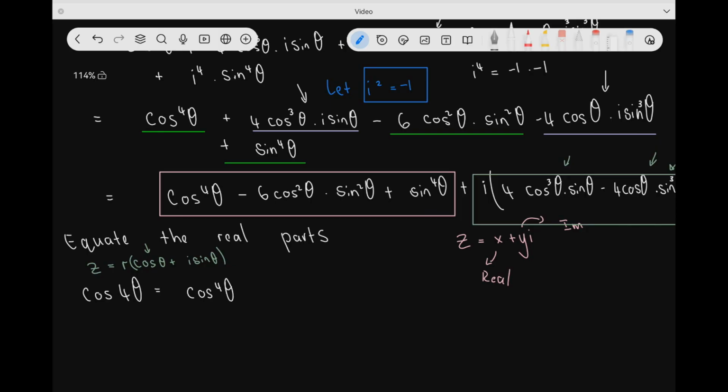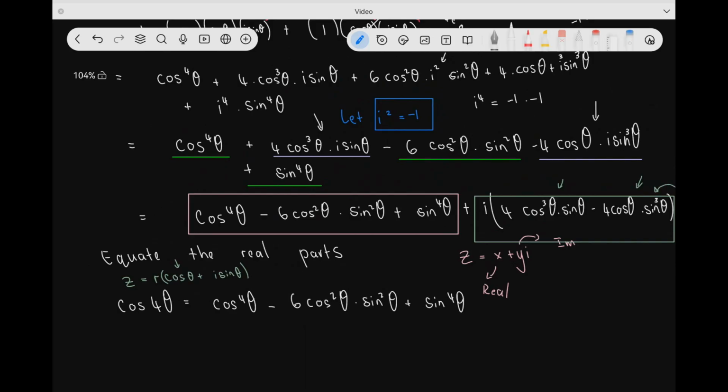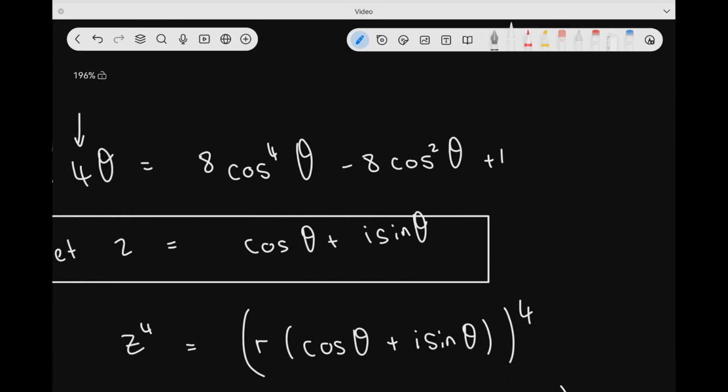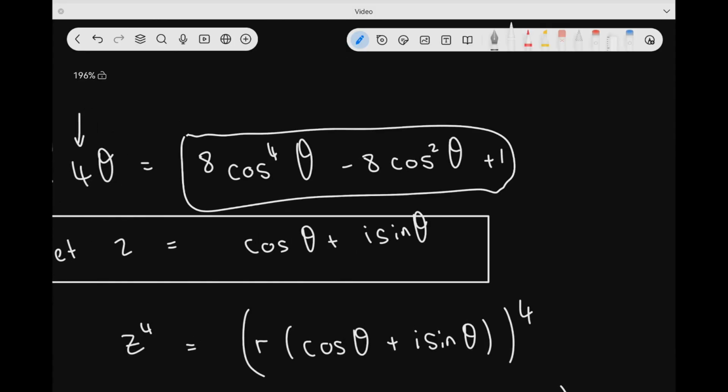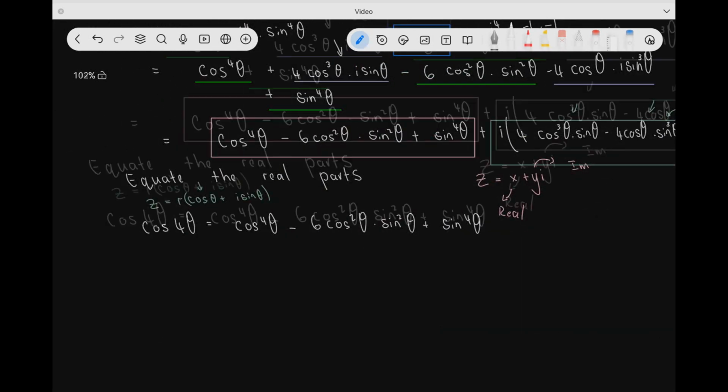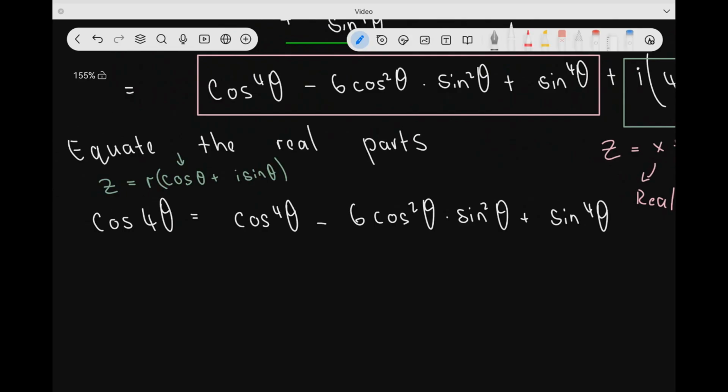That's going to be cosine 4 theta equals cosine 4 theta minus 6 cosine squared theta times sine squared theta plus sine 4 theta. Okay, now if I look back at my original problem, I saw that my original problem only had a bunch of cosines in it. So that means I need to convert every single sine expression to cosine. I could do that very easily by using the Pythagorean theorem identity.